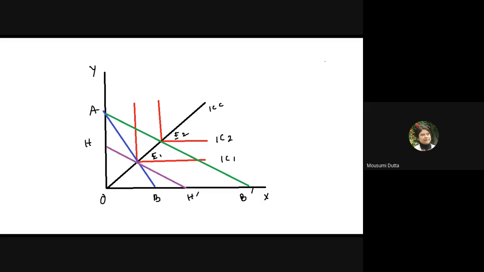Now you look at the diagram. I am considering two ICs, IC1 and IC2.